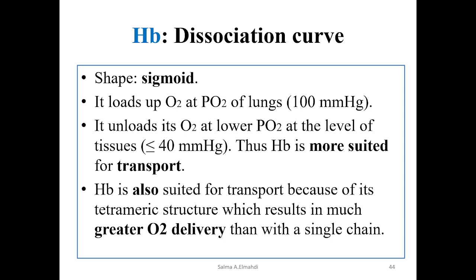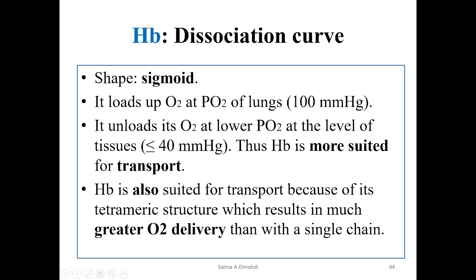Hemoglobin is also suited for transport because it is a tetrameric structure. It has 4 subunits, so it can take 4 oxygen molecules instead of 1. By comparison, a motorcycle can load 1 passenger, but a suburban car, for example, can take 4 passengers.